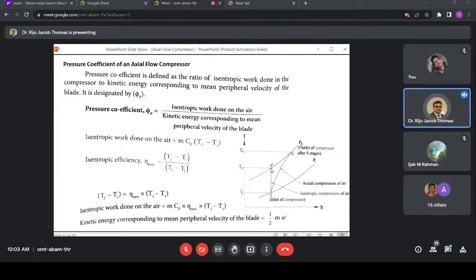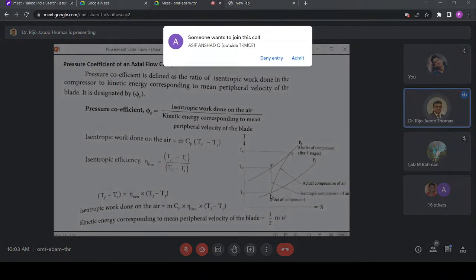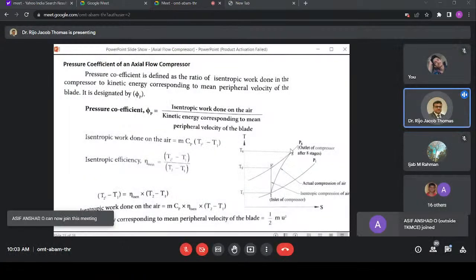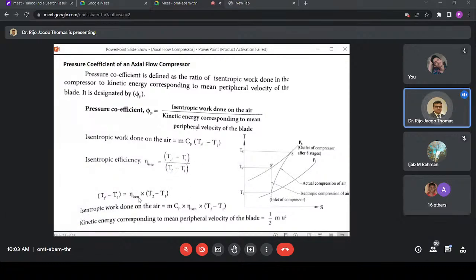So T2 dash by T1, not 2, not 8, it is 2 dash. So T2 dash minus T1, and this is T2 minus T1, which is the actual one. So this ratio, if you take, multiply that, then it is your isentropic work done into efficiency if you can put in there. Okay, and the mean kinetic energy according to the blade velocity is half mv square.